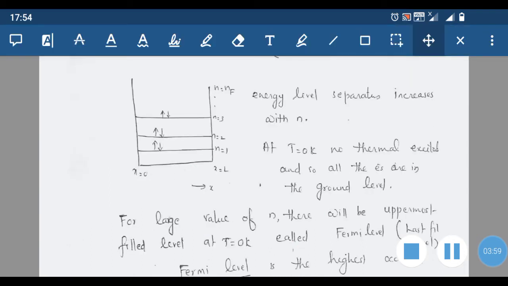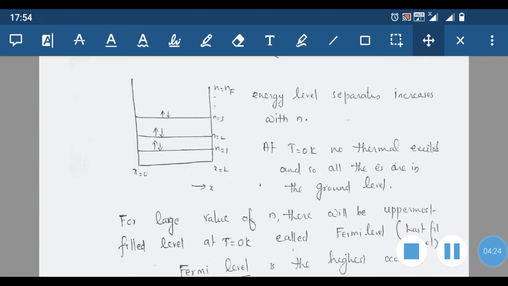From the expression for energy, En is equal to h cross square by 2m into (n pi by L) the whole square, we can see that with increasing values of n, the separation between energy levels increases. The first energy level is at 1, the second at 4, the third at 9, etc. So the energy level separation increases with n.